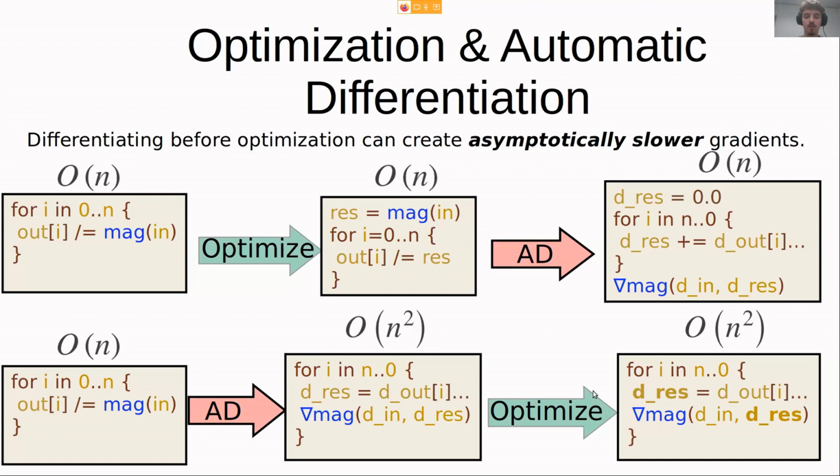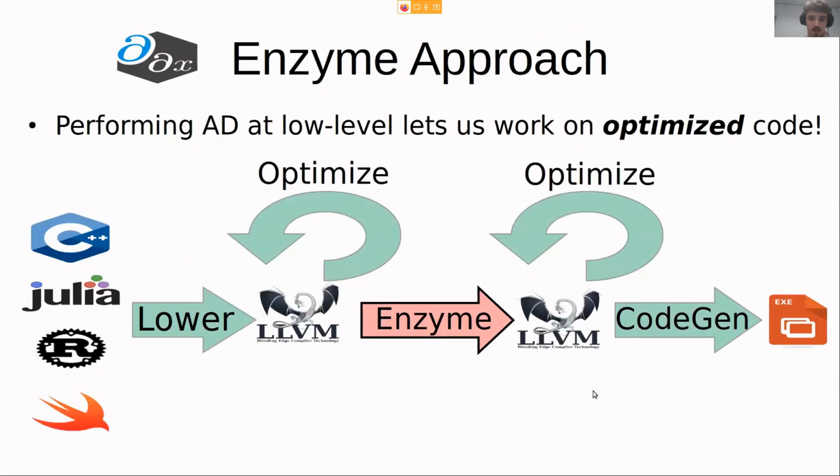So there are more cases like this, which generally make it preferable to work on optimized code. And that is what Enzyme is doing. We can take whichever input we want, still like Julia, Rust, or C++. We will lower it into LLVM, run all of the optimizations. There are more than the single example I just gave you. And then we differentiate our optimized source code.